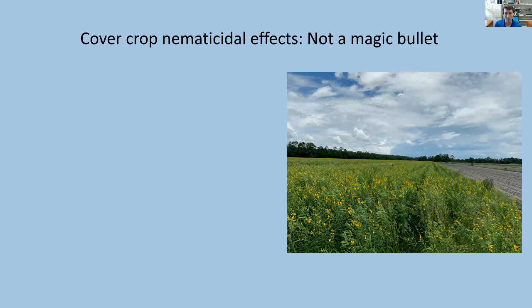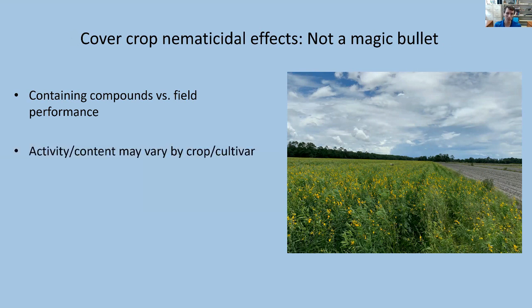So in this slide, I say nematicidal effects from cover crops are definitely not a magic bullet. There's a difference between knowing that a crop contains compounds that may be nematicidal in the field or in the lab versus how well it actually performs in the field. And your activity and content is going to vary by crop or cultivar.